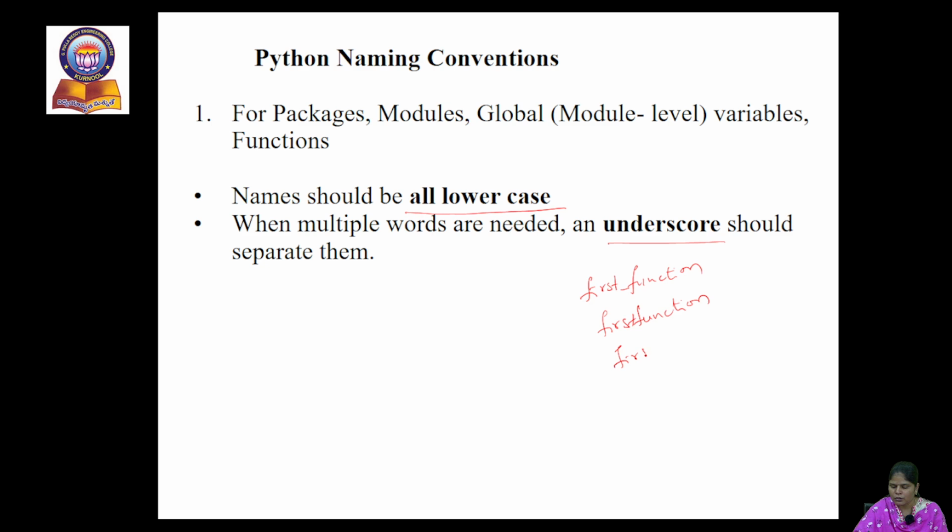I should not use it as first space function. This is a wrong way of naming, right? So all should be lowercase, and if there are two words in a name, they should be separated with an underscore.